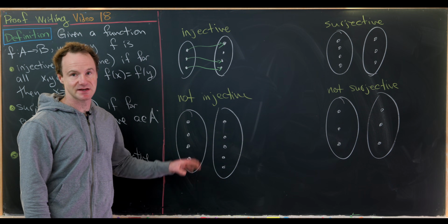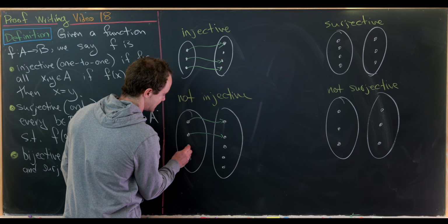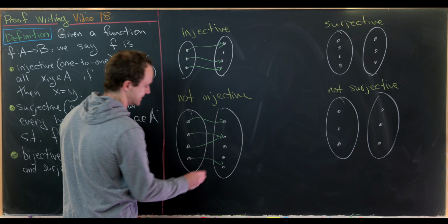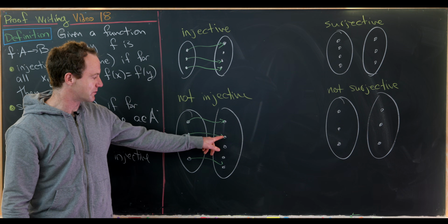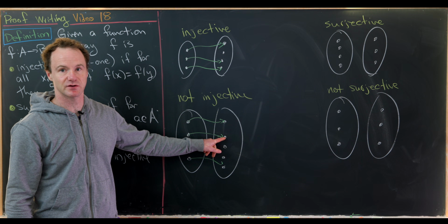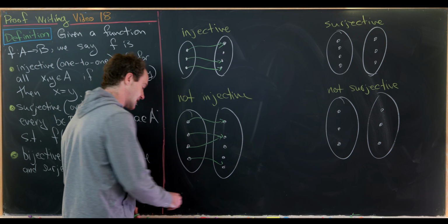Let's compare that to something that is not injective. So let's say we have some action like this. So notice this second and third dot are both mapped to this second dot. So they're mapped to the same thing. That makes this thing not injective.